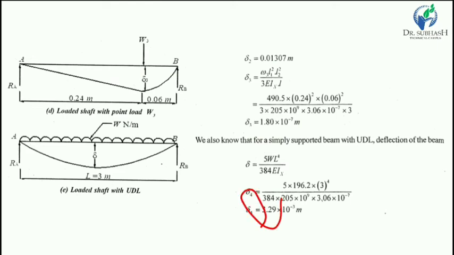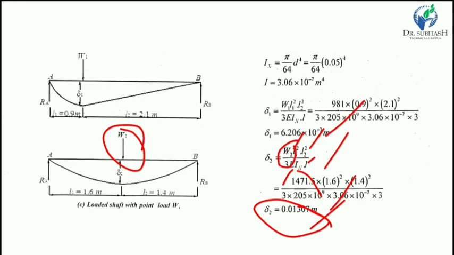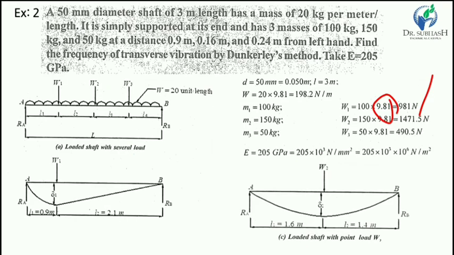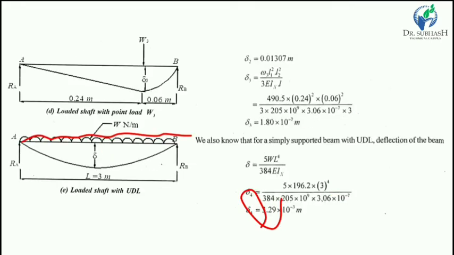Finally we have to find the value of delta 4, and for that we consider the distributed load, UDL, for the self weight of the shaft. It is given as 20 kg per meter, converted into Newton as 198.2 Newton per meter.